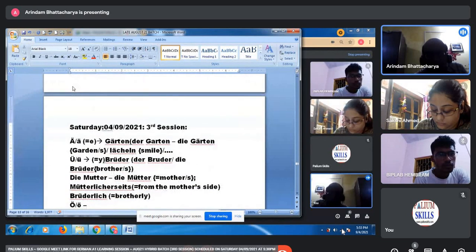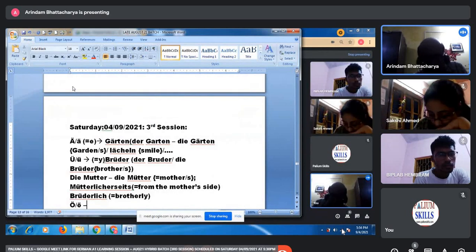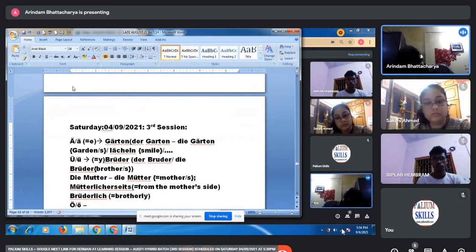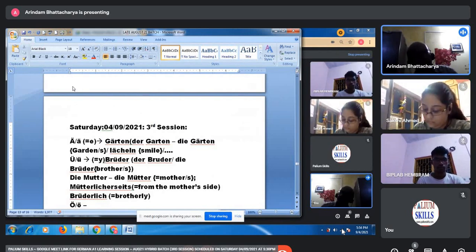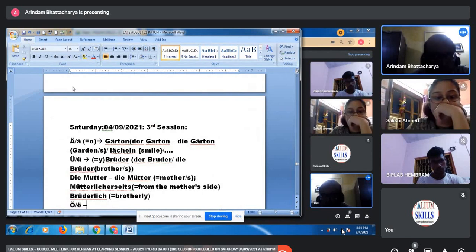So this is the main reason why this umlaut needs A, U, and O. Words with A, U, and O as a main vowel, when they have other nouns or parts of speech derived from them, will always bear an umlaut above them.